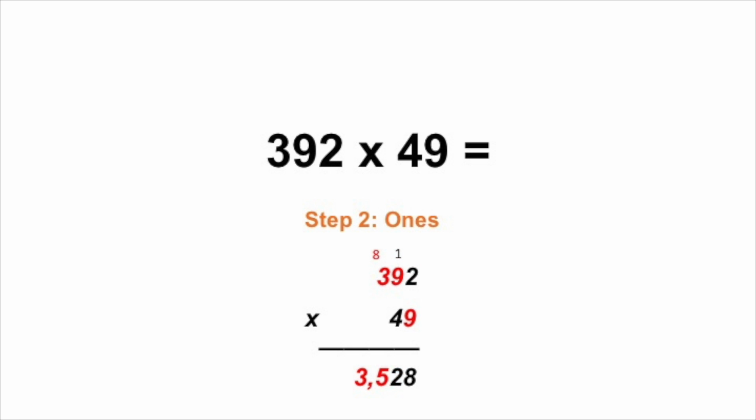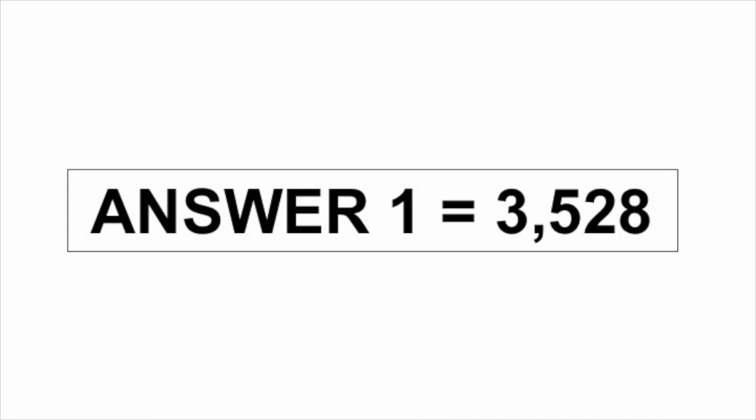So, the answer for our 1's multiplication, 3,528. And then what do we do? Well, first of all, we make a note of our first answer, 3,528, because we'll need that number again later for our final calculation.